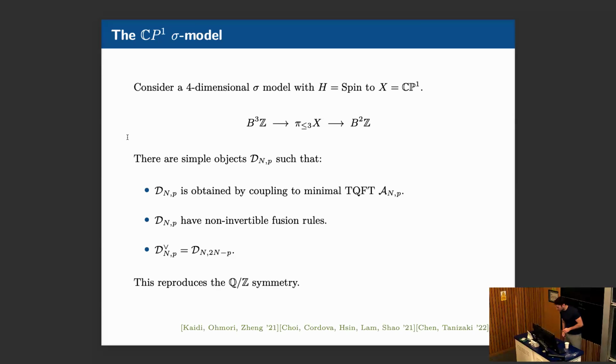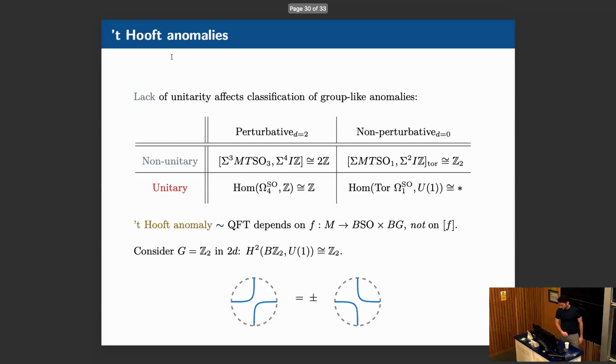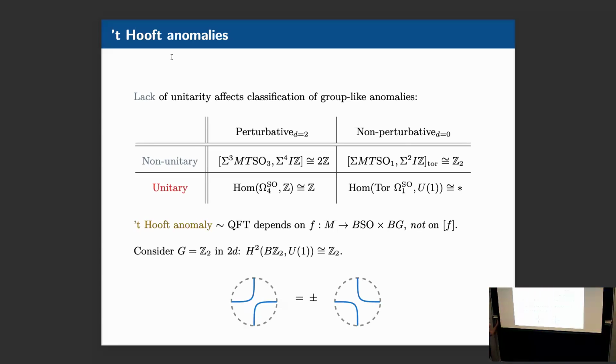Okay, now, since I guess I don't have much time left, let me go very quickly and make some other more general remarks about anomalies. So, as we said before, the classifications, say for solitonic symmetries in particular, but more in general a lot of things, seem to be affected by whether we are taking unitarity into the game or not. And we know this to be true very well in the case of anomalies. So say we are interested in group-like anomalies.